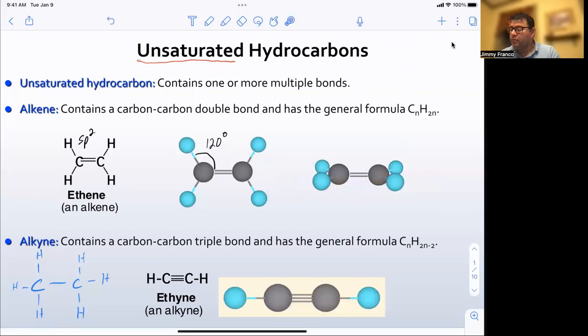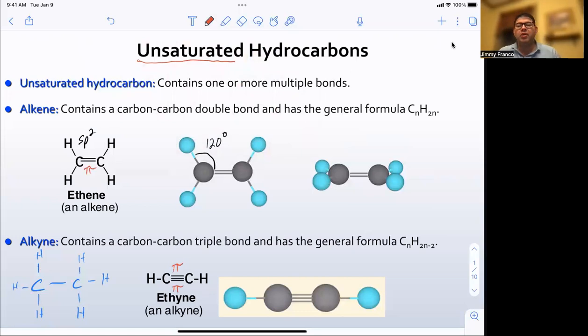Triple bonds, really nice because they're straightforward in terms of it's exactly flat or linear or straight. So it just goes straight across. Okay? It's going to have 2 pi bonds. So the triple bond has 2 pi bonds, where the double bond only had 1.